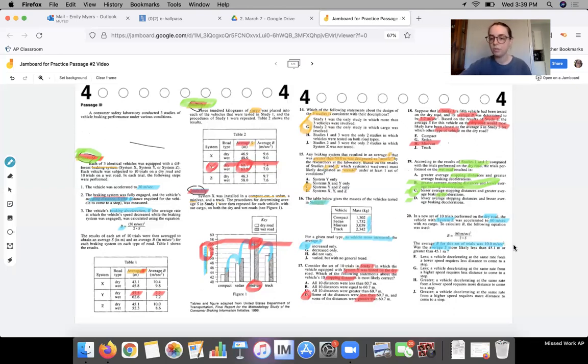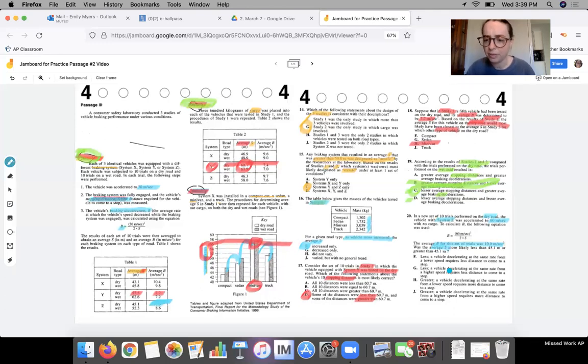Now, using common sense, if I am going twice as fast now, and my B, the rate at which I slow down, is staying the same. They're doing system Z. B is 10, and it's staying the same because it was 10 before. And they told us which section to look at there.